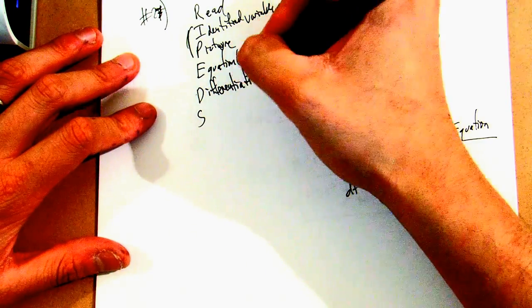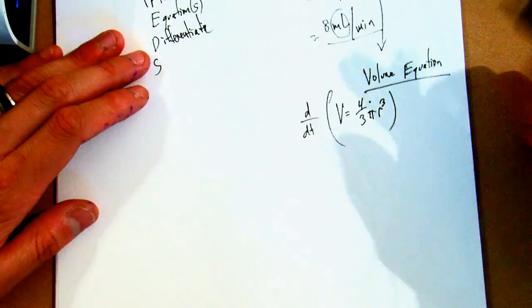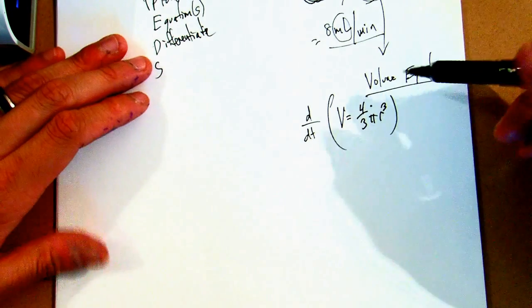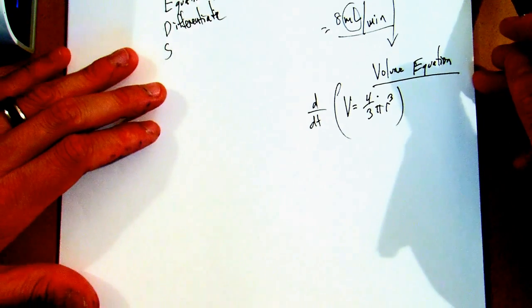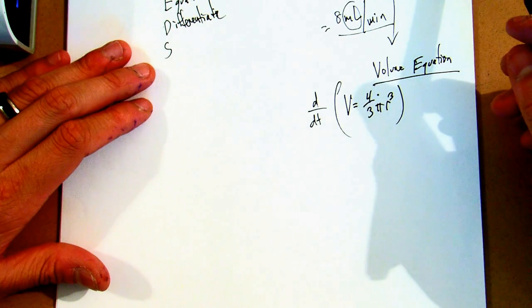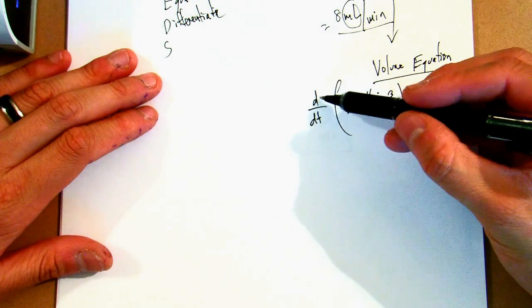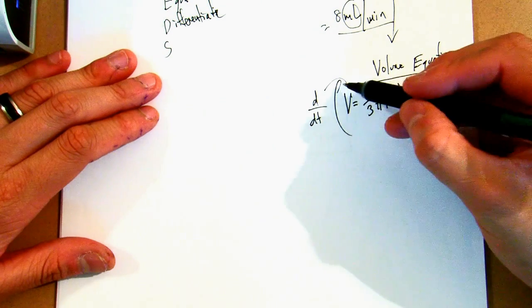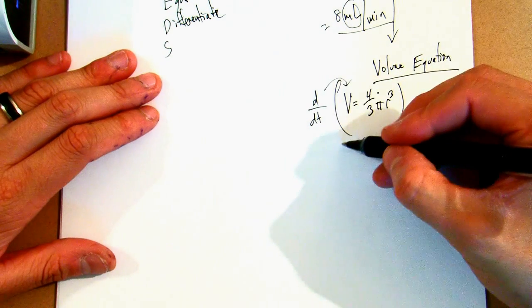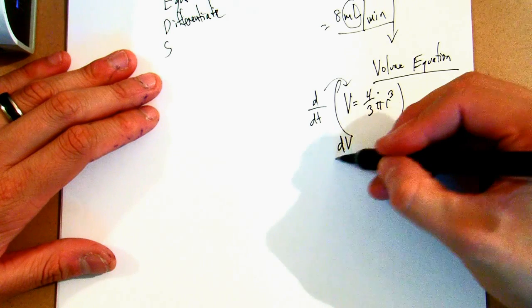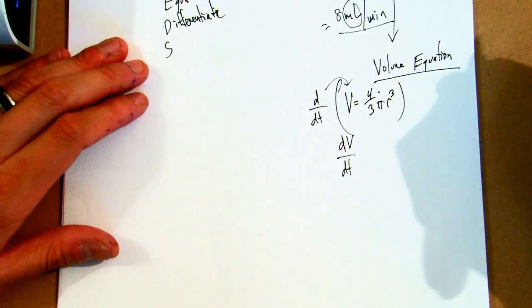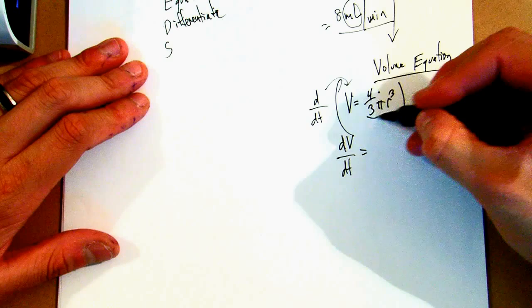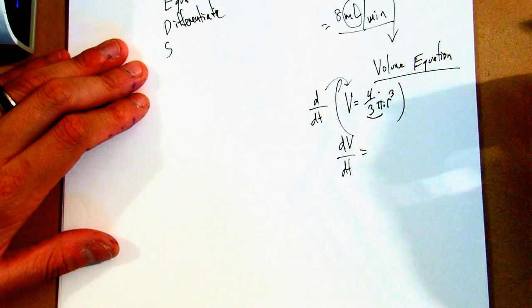When you take the derivative here, are you having difficulty doing that one? So let's try this. What is d/dt of V? It's going to be dV/dt, right? Now, if you differentiate a constant that's being multiplied, it just goes along for the ride, right?